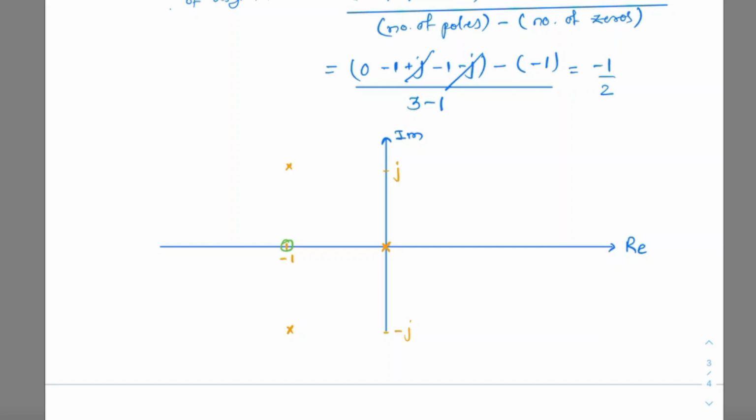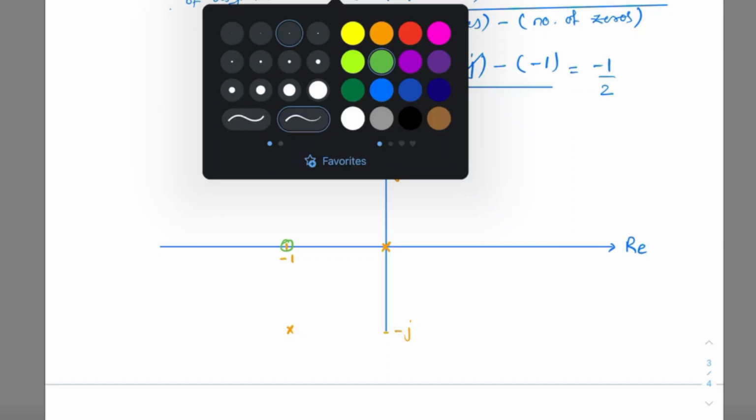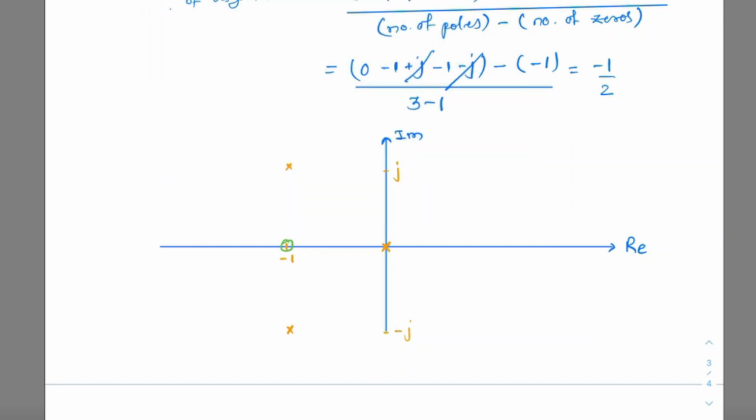And we have found out that the asymptote, let's draw it with a blue dotted line, is at minus 1 over 2. Alright, so let us label these points: O as the origin, let's call this A, this B, and this C.